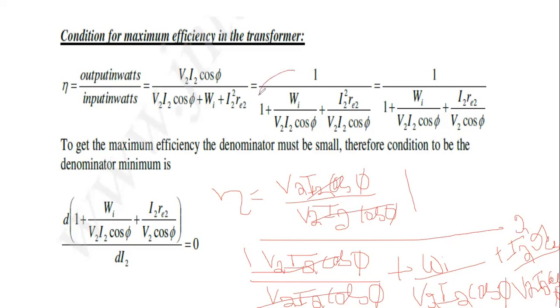Then this term will be obtained. Therefore this will be equal to I2 square, and I2 cancels.